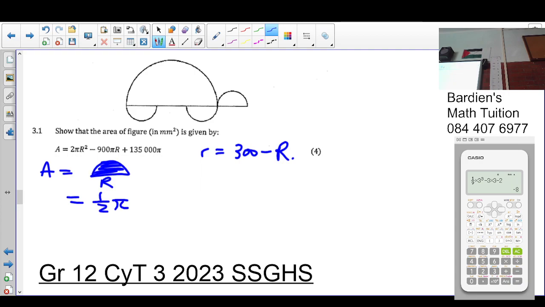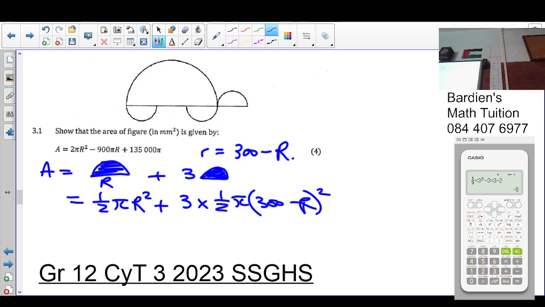Normally pi r squared, but because it's semicircles, half of that, plus 3 little semicircles, which is plus 3 times the area of a semicircle, half pi r squared. But my radius in this case is going to be 300 minus R, and it must be squared.